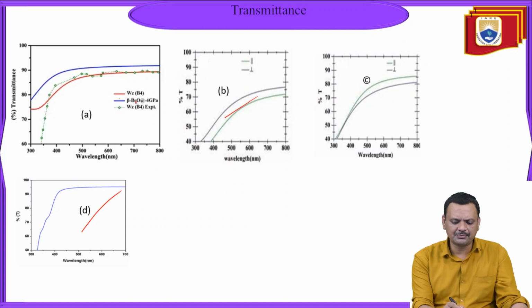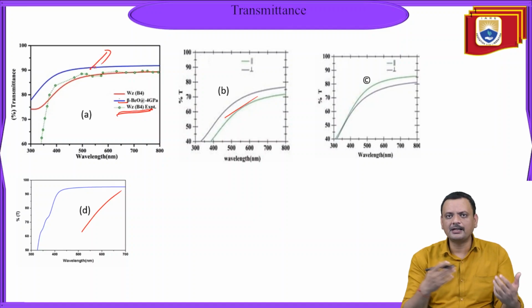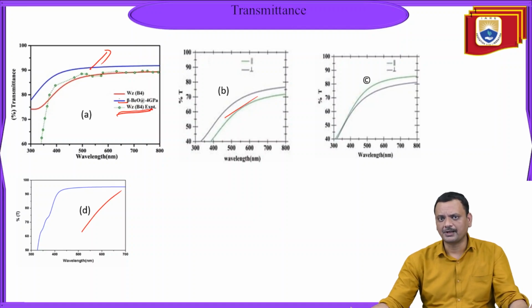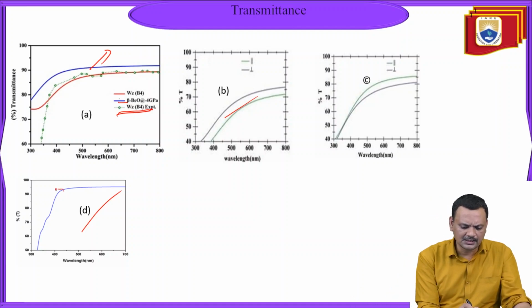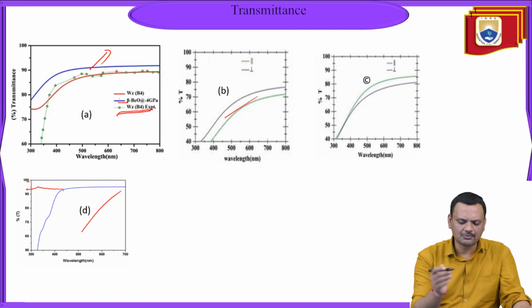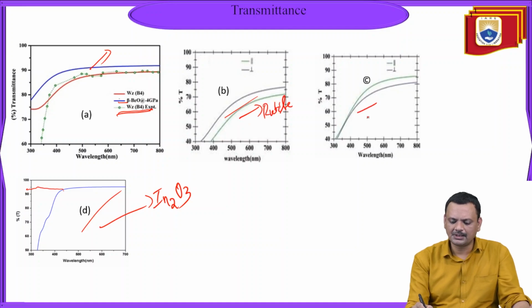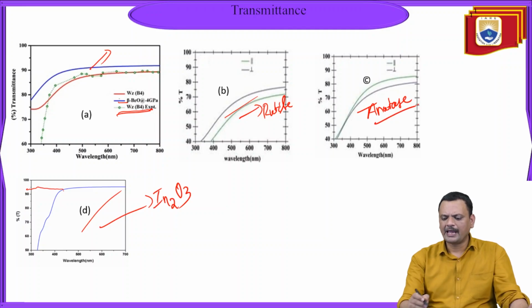This is wurtzite, before beta-BeO phase, and I also compare with the experiment for wurtzite. I got a higher transmittance value for the beta-BeO phase compared to other phases. This phase is nearly similar to the beta-BeO phase. This is the indium oxide. This is the rutile transmittance. This is the NRTS transmittance.